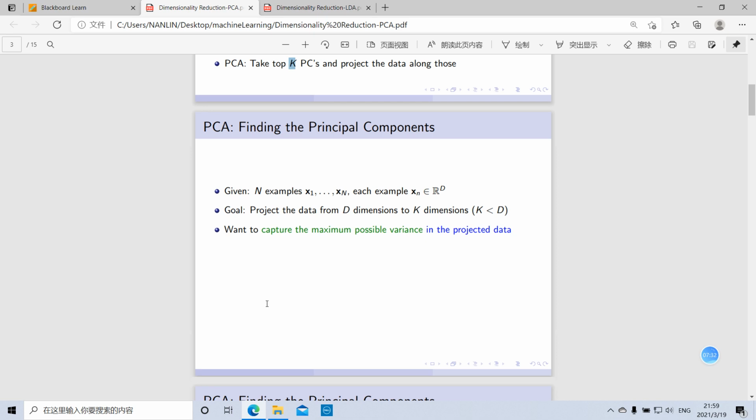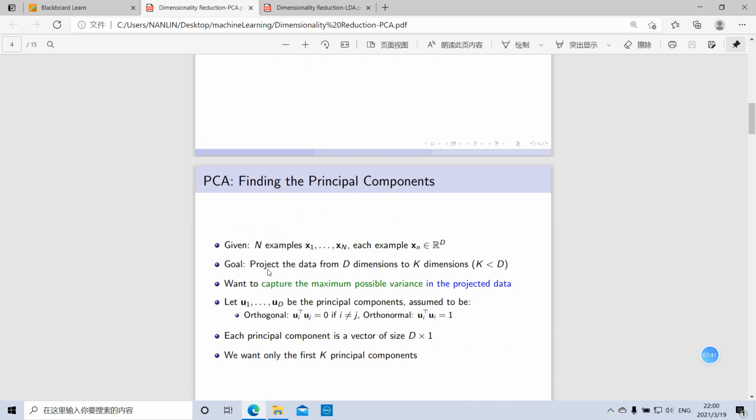So we need to calculate the maximum possible variance in the projected data. How are we going to do that? First, we set up a list of components, which is U. The original has D dimensions: 1, 2, 3, 4, 5 until D. As we said, each is at 90 degrees to the others.